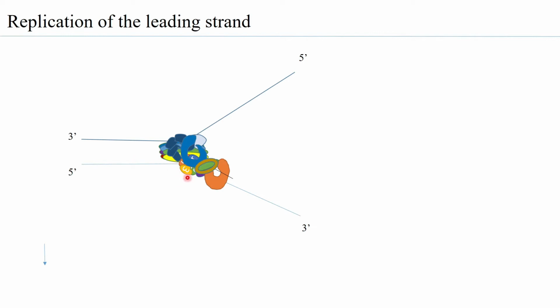As you can observe, the DNA polymerase alpha has synthesized the primer, a short RNA primer that the primase synthesizes, and then the DNA polymerase alpha synthesizes the DNA using the 3' OH of the primer that it has synthesized on its own.